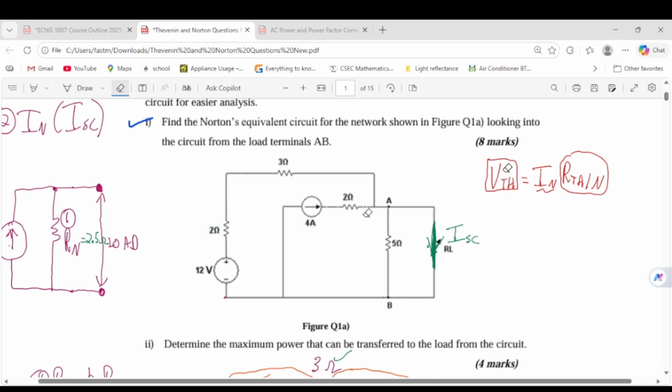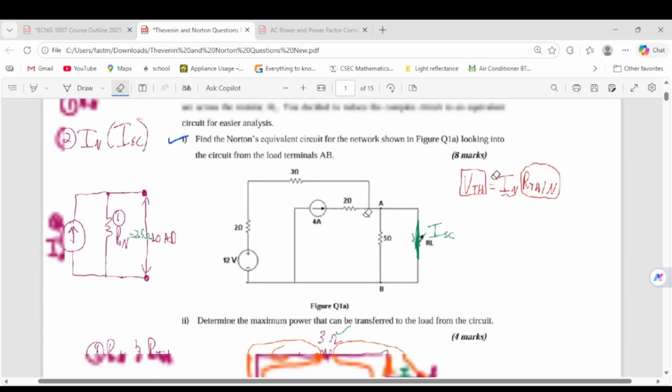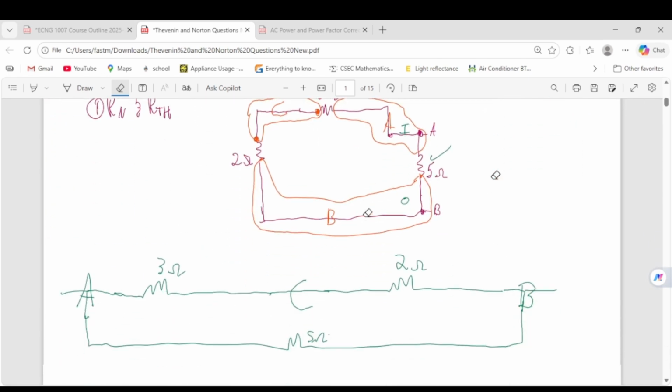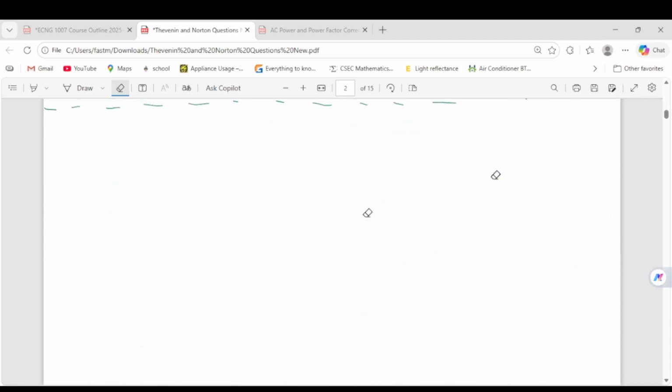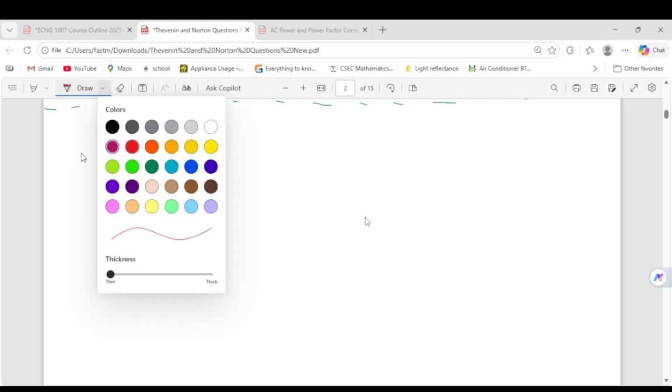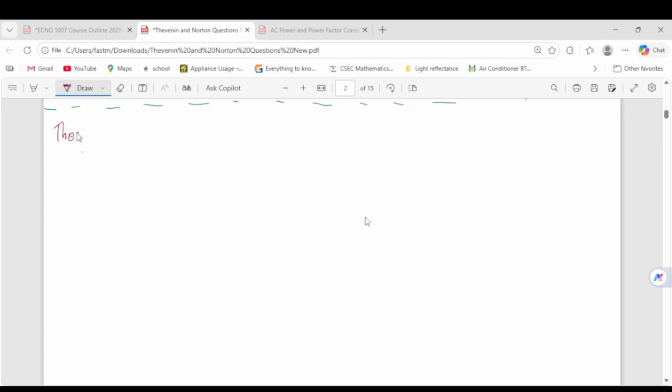So now, since we're trying to find the Thevenin, let's go through what the Thevenin is quickly. So the Thevenin is basically the opposite of the Norton. So instead of a current source, we have a voltage source, and the name of this voltage source is V Thevenin, right?